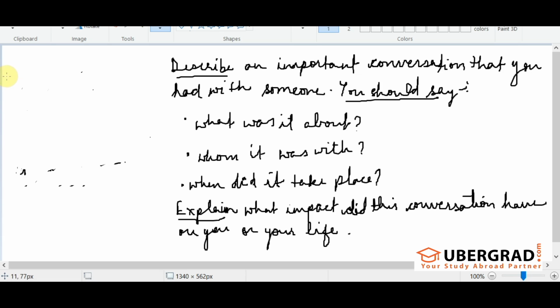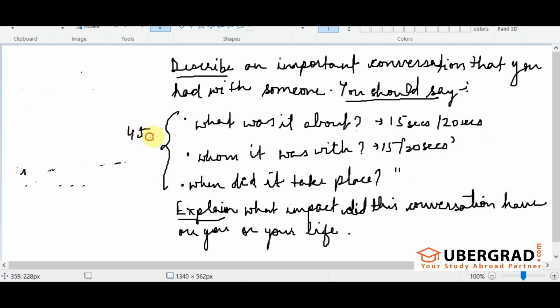See, the problem is people who are not able to expand much on this, your intention should be either speak 15 to 20 seconds for each bullet point, or in total for all the bullet points speak for 45 to 60 seconds.